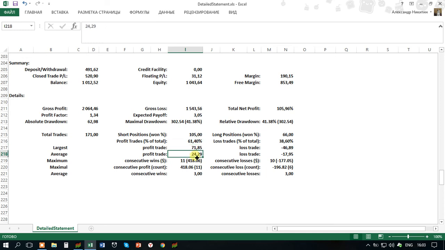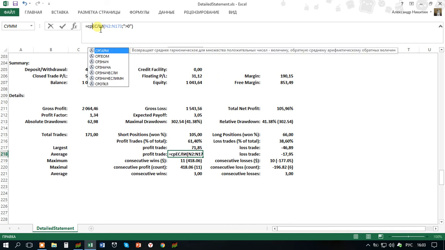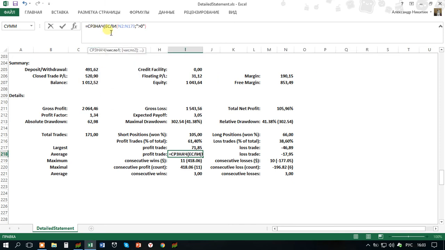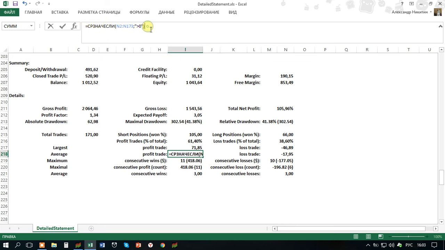I would copy it here. Okay, but instead of count if, I need average if. Give me average if within this range more than 0. Okay, so the average is 24.